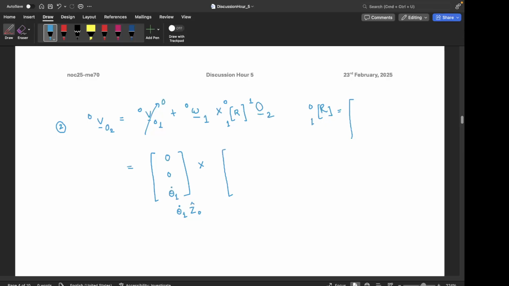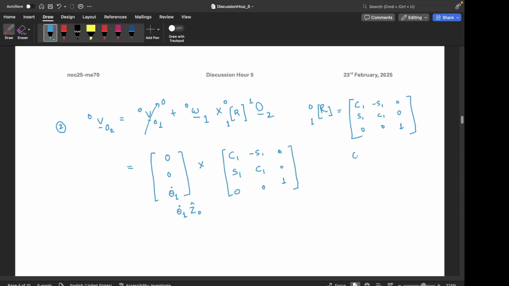It will be c1 s1 0, s1 c1 0, 0 0 1, right? So we'll write here c1 s1 0, s1 c1 0, 0 0 1.